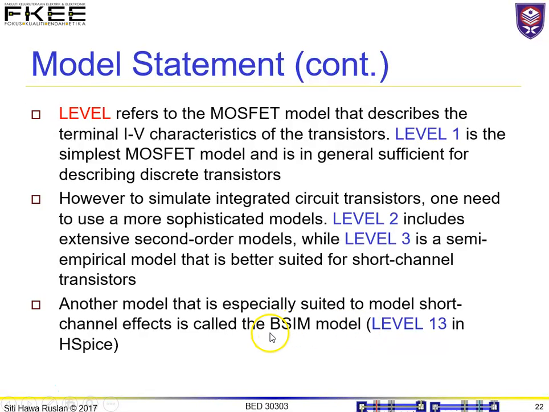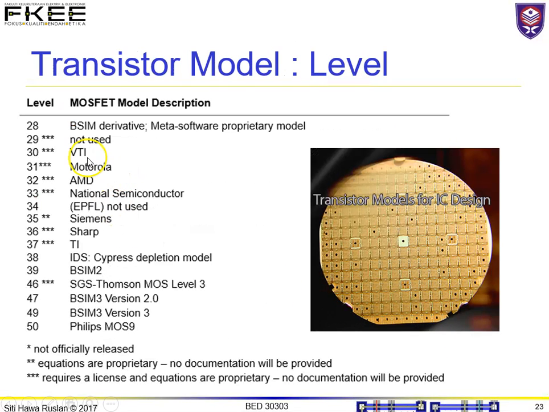Then we have the BSIM model, which is level 13 in HSPICE. For example, level 28 is a BSIM derivative, 31 is the level used by Motorola, 36 by Sharp, and so on. 47 and 49 are BSIM3, both BSIM3, but 47 is for version 2 and 49 is for version 3. So all these are the transistor models for IC design.